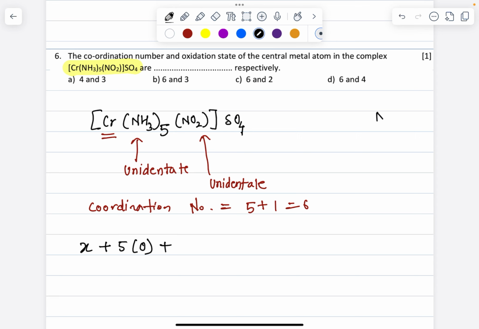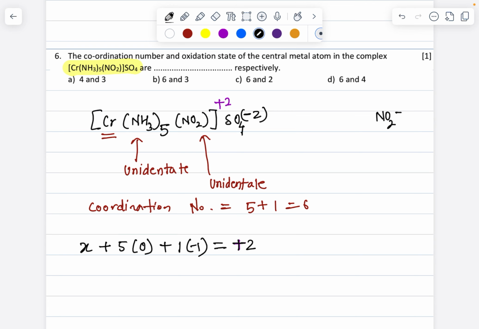Nitrito, NO2 minus, has minus 1 charge, and only 1 is there, so 1 into minus 1. This sulfate is minus 2. Always remember, in H2SO4 also sulfate is minus 2. So this should be plus 2. Therefore the charge on this coordination sphere is plus 2.